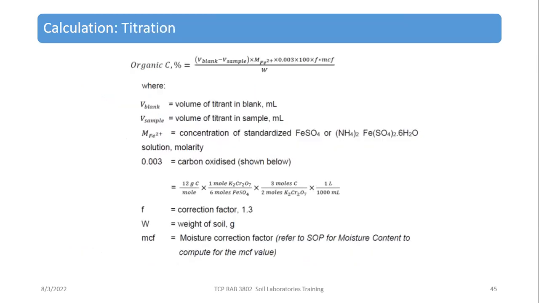So the organic carbon calculation equals volume of the blank minus volume of the sample, multiplied by M of Fe2+, multiplied by 0.003, multiplied by 100, multiplied by F, multiplied by MCF, divided by weight. V blank is the volume of titrant in the blank in milliliter. V sample is the volume of titrant in the sample in milliliter also.